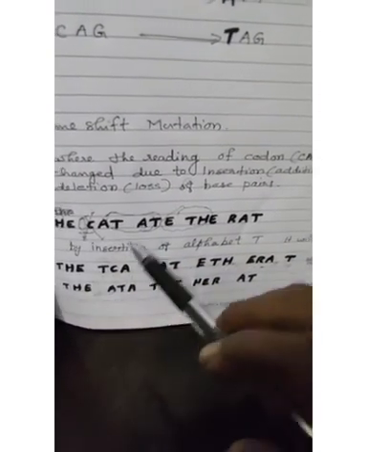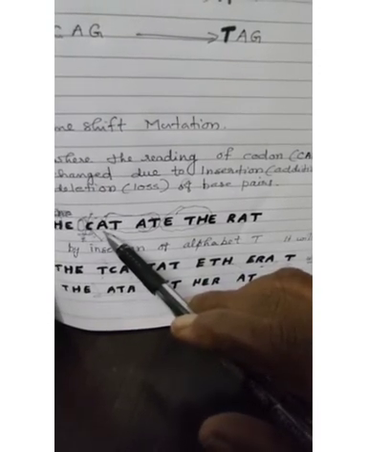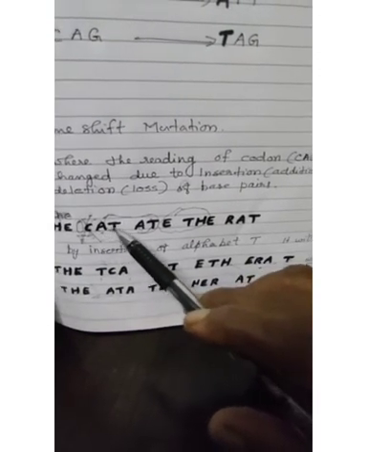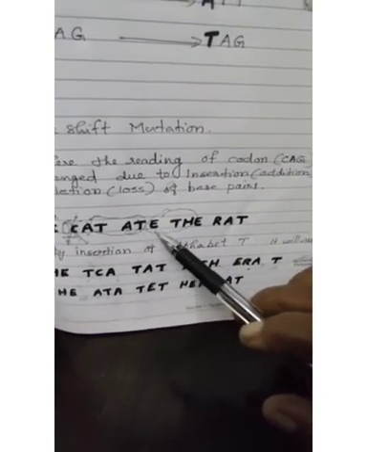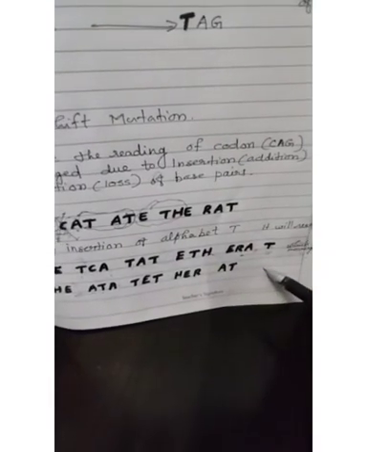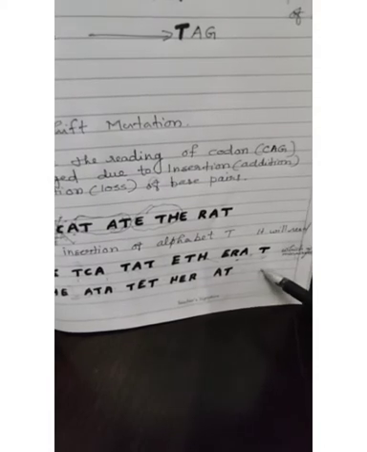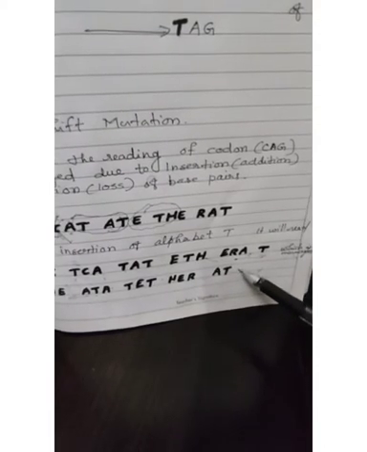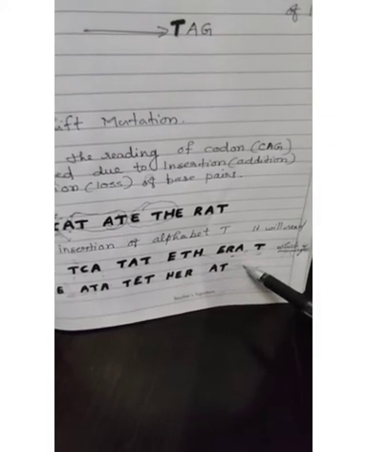THE, the T is removed, then the codon becomes changed to ATA. Then next one is TET. Similarly, the pattern becomes changed. Here also, the deletion of a particular base pair produces another meaningless sentence, isn't it?